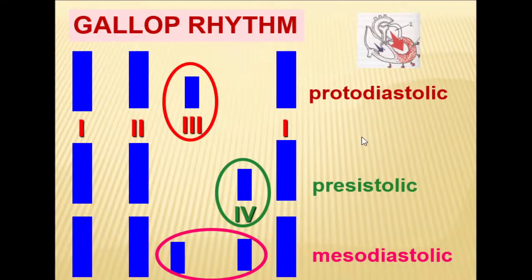And the last slide helps you with the principal differentiation of gallop and triple rhythm. You put the stethoscope and listen to three strokes. You must decide whether it is triple or gallop rhythm. How is it possible? Depending on the intensity of the first sound.